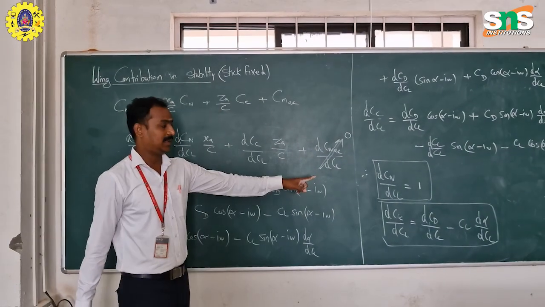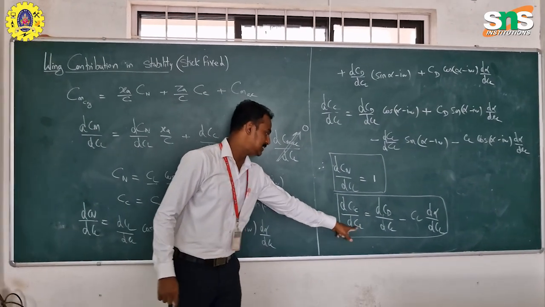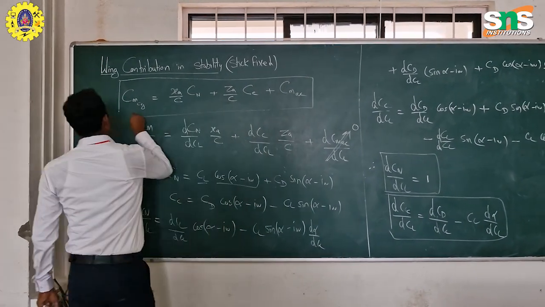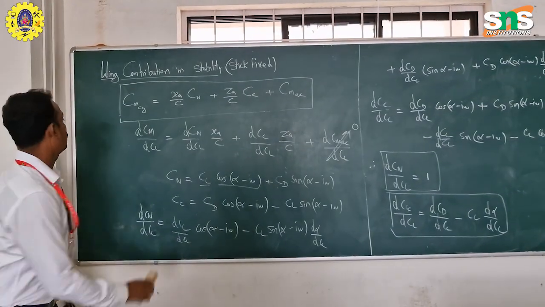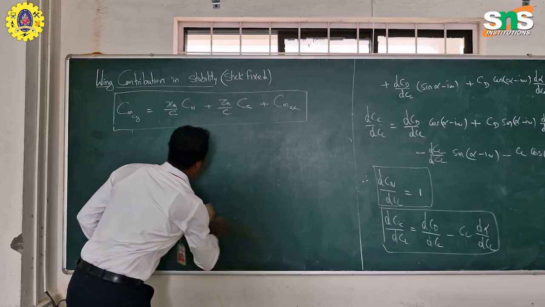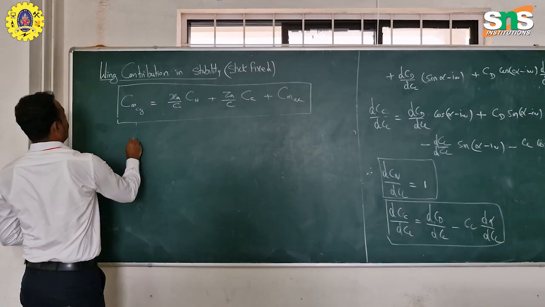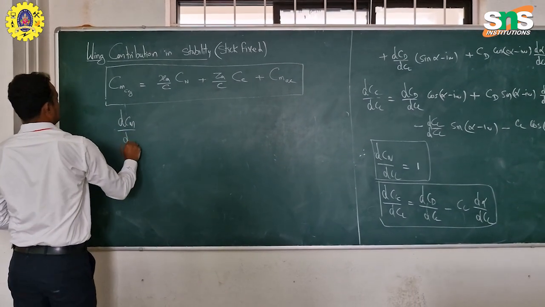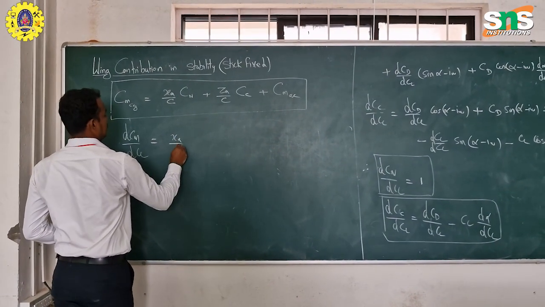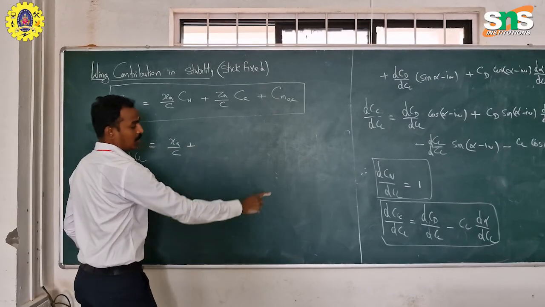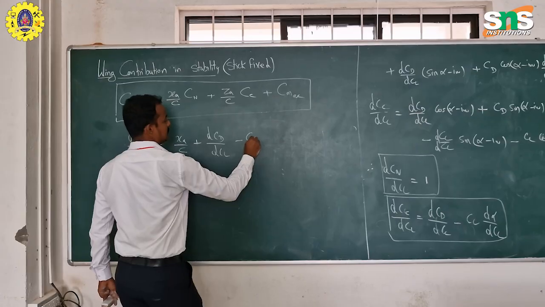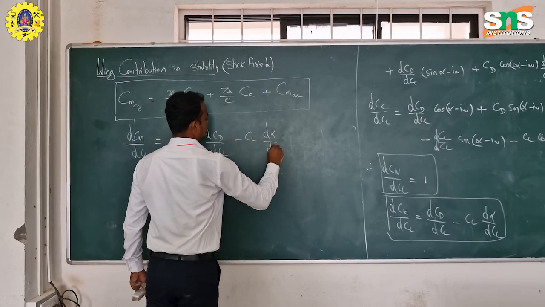Now we have to apply this dCn by dCl and dCc by dCl in the wing contribution equation. Then we get dCm by dCl equal to 1 times XA by C, plus the second term which becomes 0, plus dCd by dCl minus Cl d alpha by dCl.